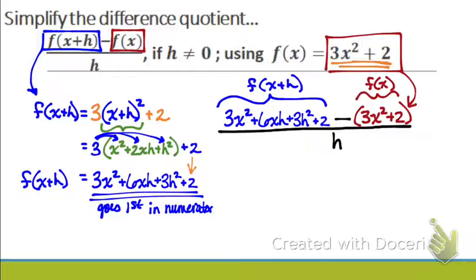All over h, because I can't leave this guy out right here. You guys understand a little bit better where I'm getting all of these pieces from? Right, Lainey, I'm seeing no.